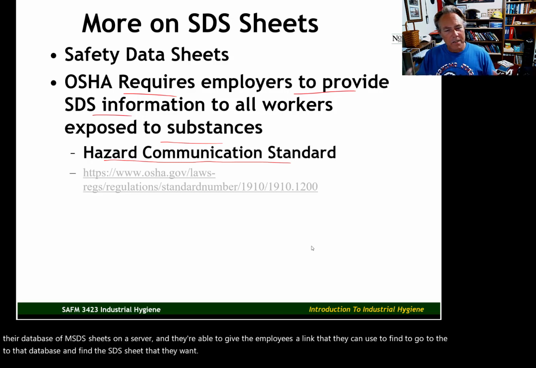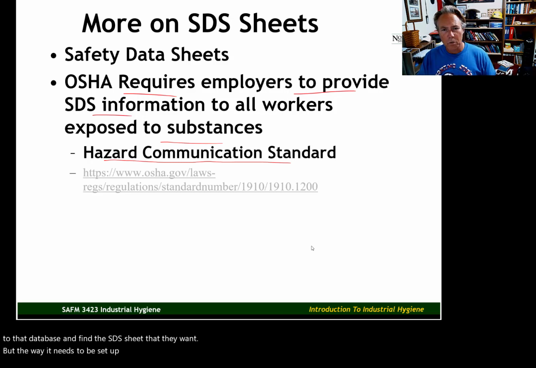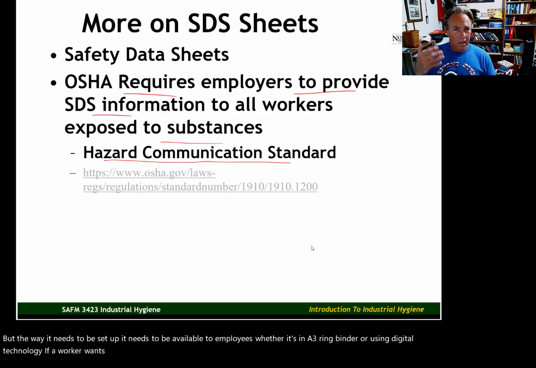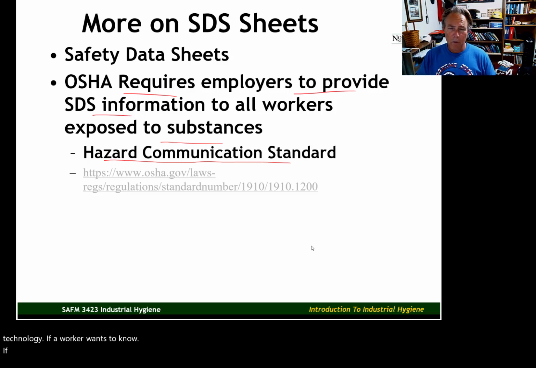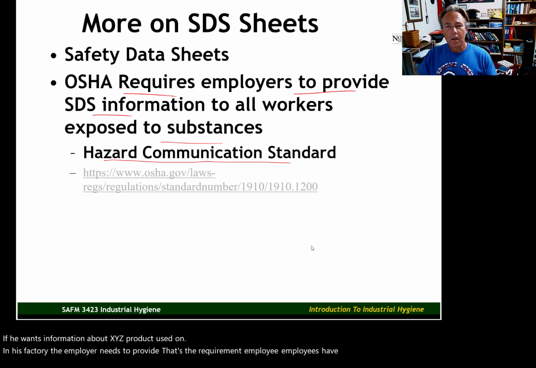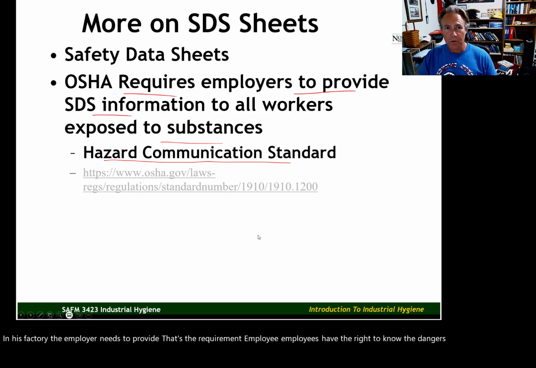But the way it needs to be set up, it needs to be available to employees, whether it's in a 3-ring binder or using digital technology. If a worker wants information about XYZ product used in his factory, the employer needs to provide that. That's the requirement. Employees have the right to know the dangers associated with the materials they're using.